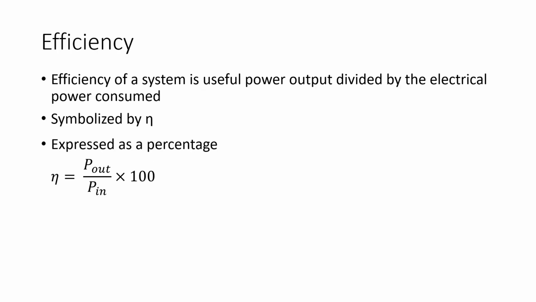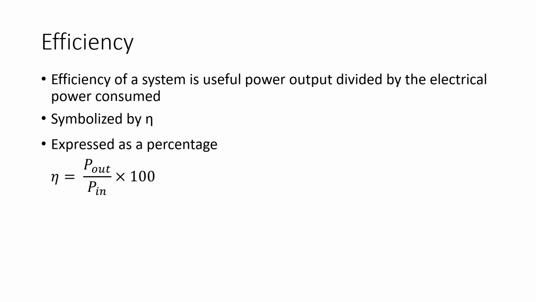Now, when we talk about mechanical systems and some electrical systems, we're quite often concerned with the efficiency of that system. Efficiency is symbolized with the Greek letter eta, and efficiency is expressed as a percentage.